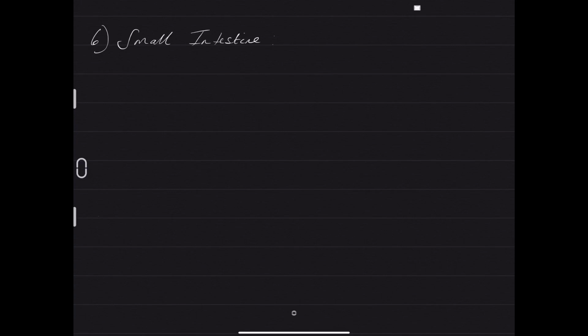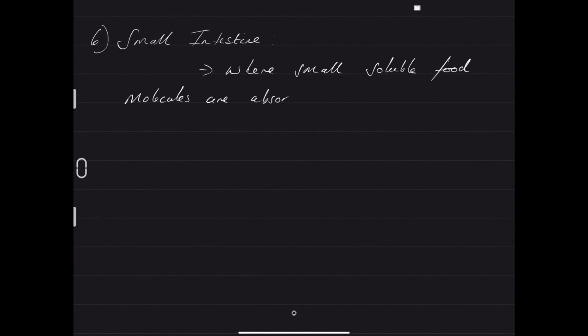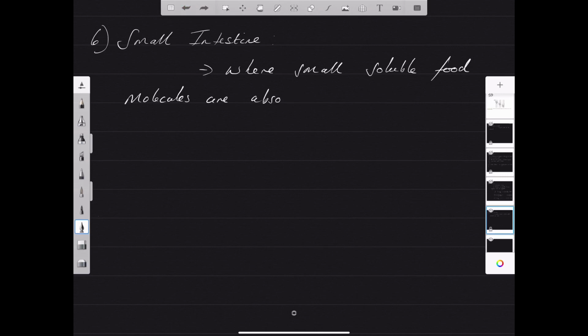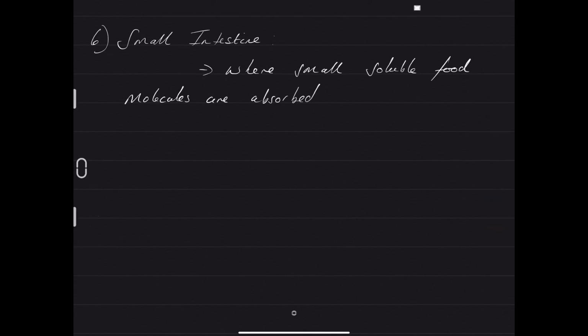So can you just write down here where small soluble food molecules are absorbed into the bloodstream.